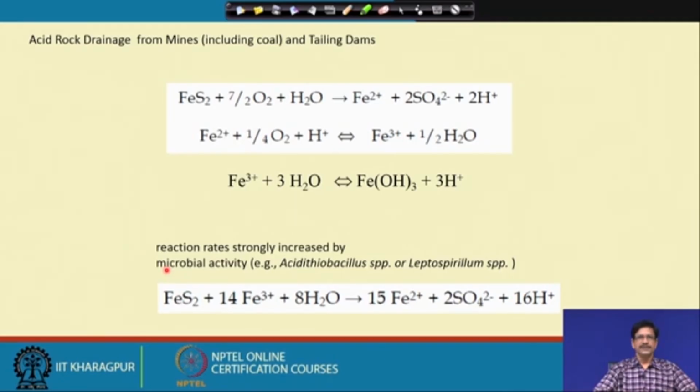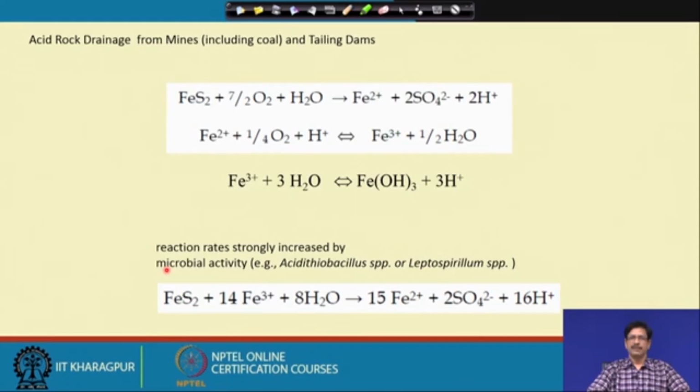And as we discussed before, such a situation arises when a metal sulfide ore body is exposed to the atmosphere during open pit mining, and the atmospheric oxygen and moisture lead to the oxidation of the sulfide minerals, generating copious amounts of sulfate ion and H plus, which decreases the pH of the water.